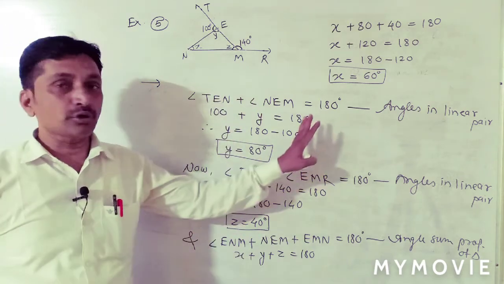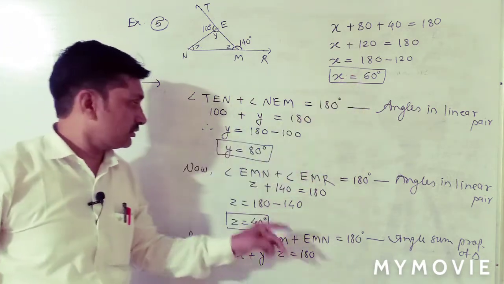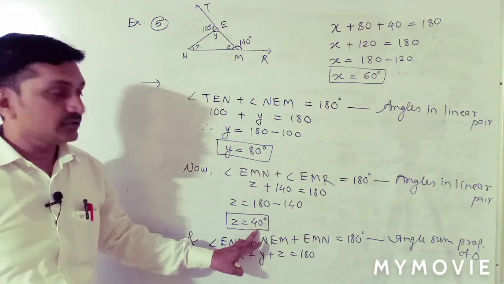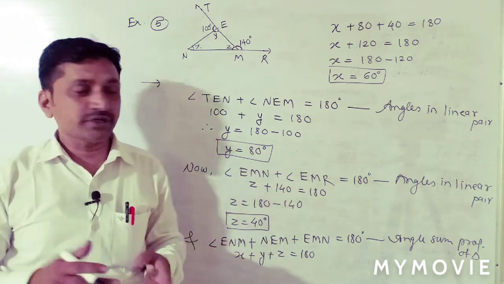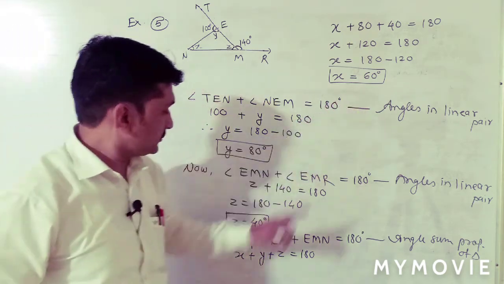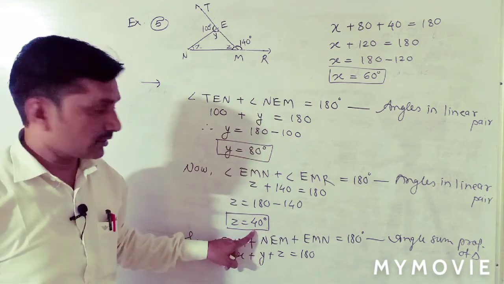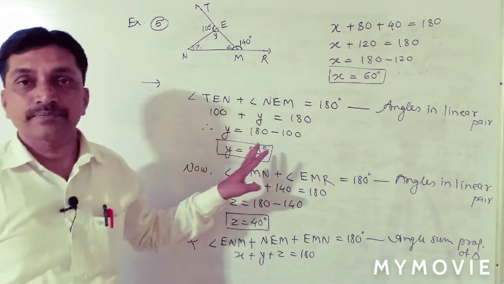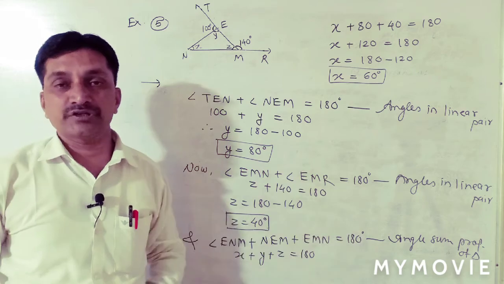In this way we got all three values, x 60, y 80 and z 40. If you want to check, see their sum, 60 plus 40, 100 plus 80, 180. Yes, we can check by this.